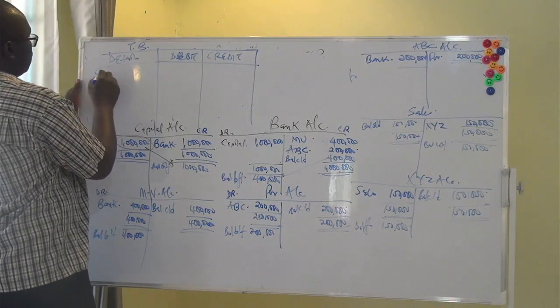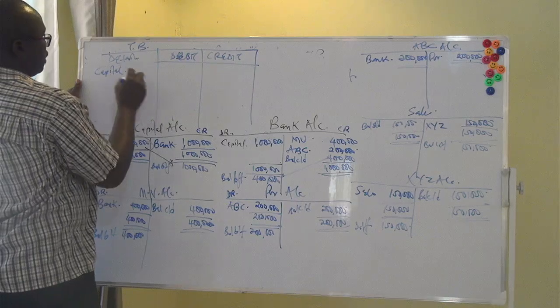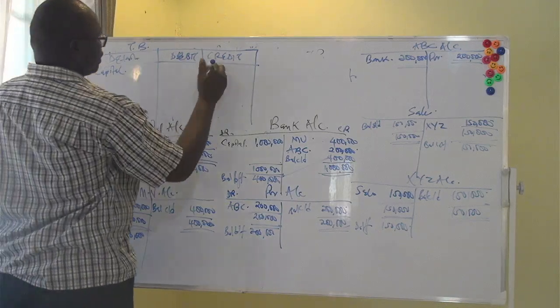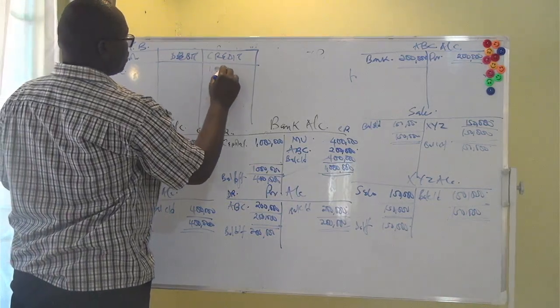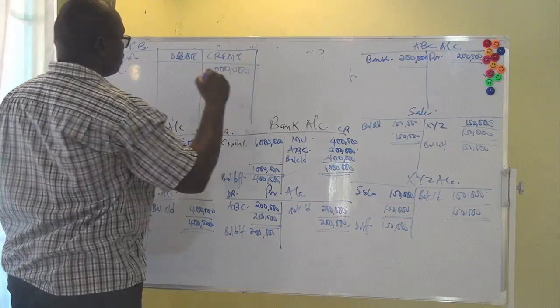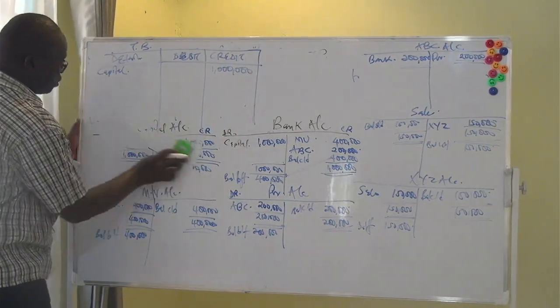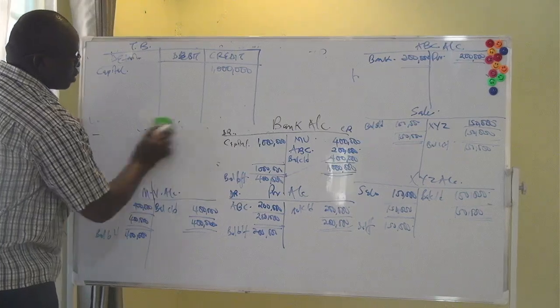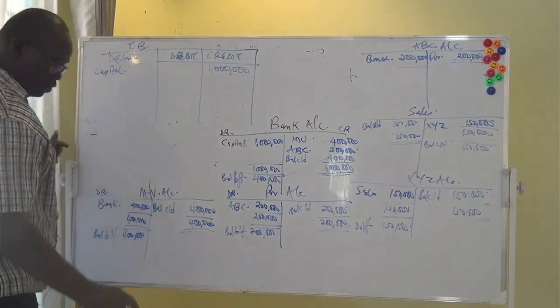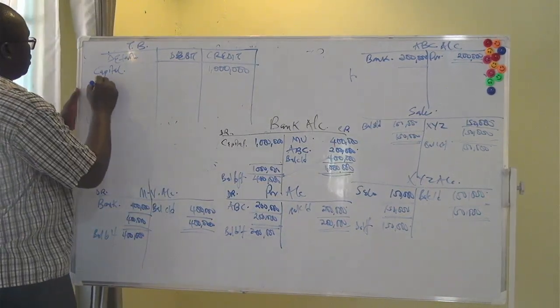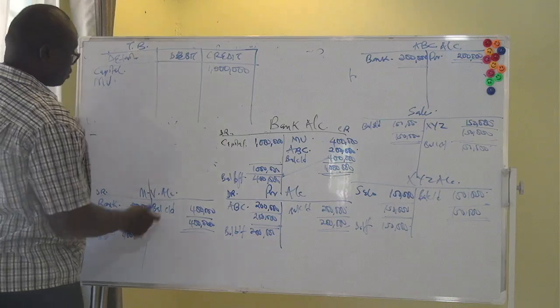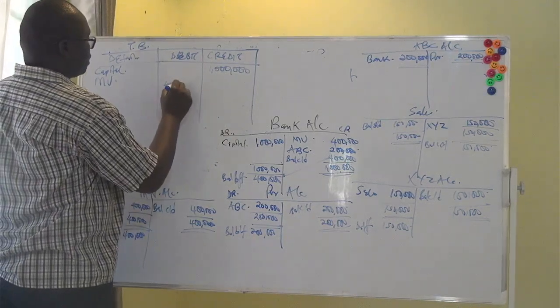So our first account is capital, and the balance is 1 million on the credit side. Our next one is the motor vehicle. The balance is on the debit side, 400,000.